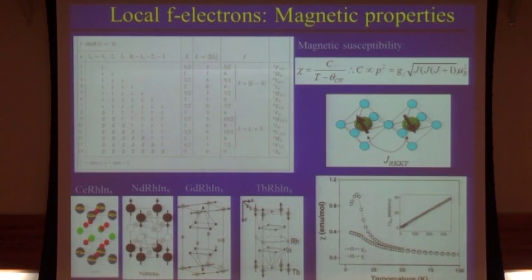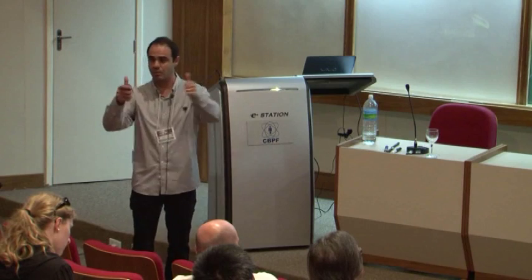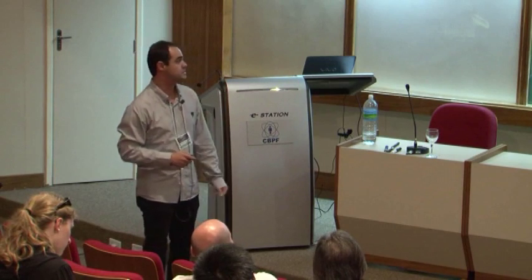So what happens when we start to have magnetic ordering? How will the crystal field now affect magnetic ordering? If we start to have a lattice of rare earths in a metal, let's use a metal because I'm going to talk about metals, but it could be an oxide, you could have any kind of exchange between the rare earths. So we are going to start to have a magnetic interaction, and that will tend to order the spins of the rare earths, right?